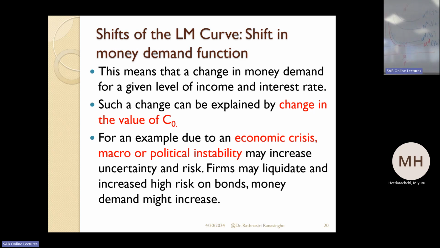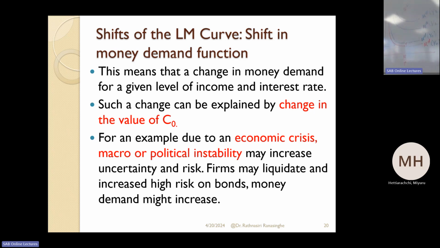If there is a crisis situation, political instability, a financial crisis, an economic crisis, or economic instability in the economy, those factors change the money demand function. That means those factors change the autonomous money demand.